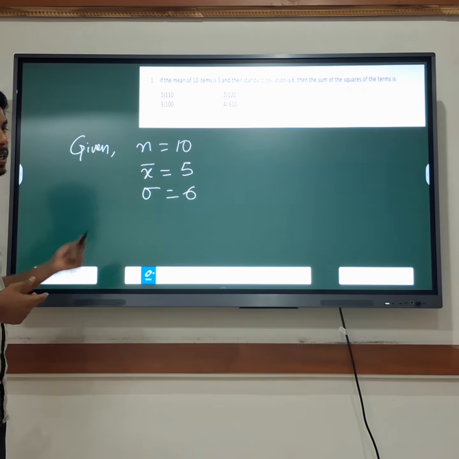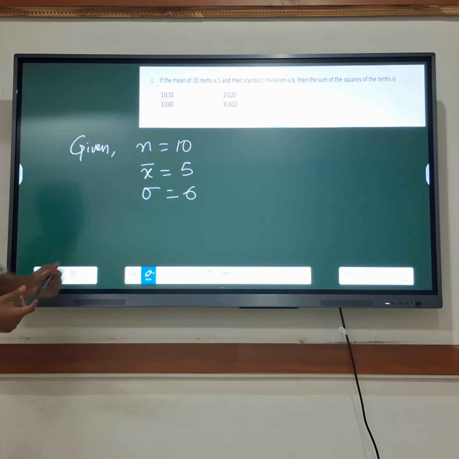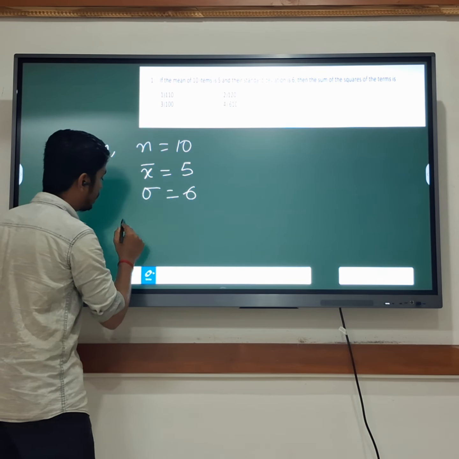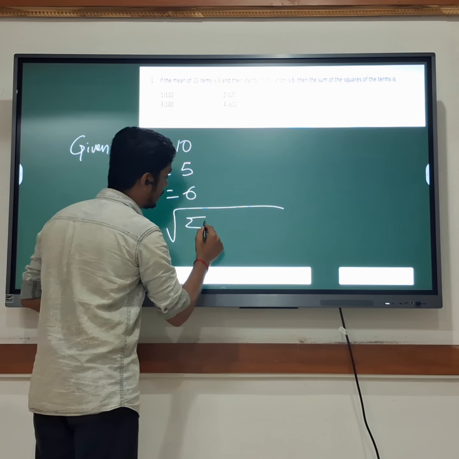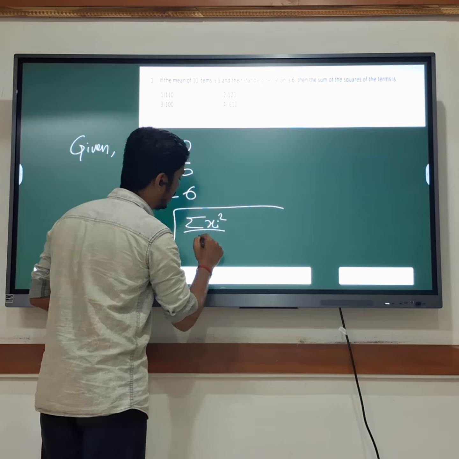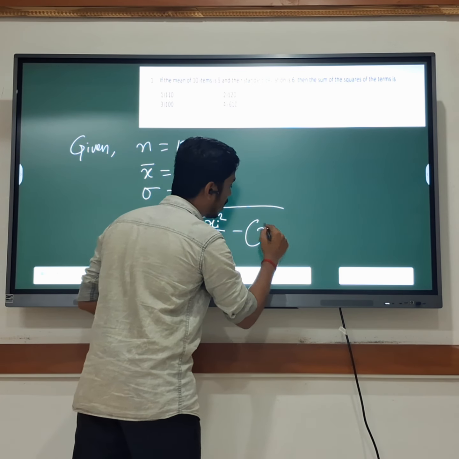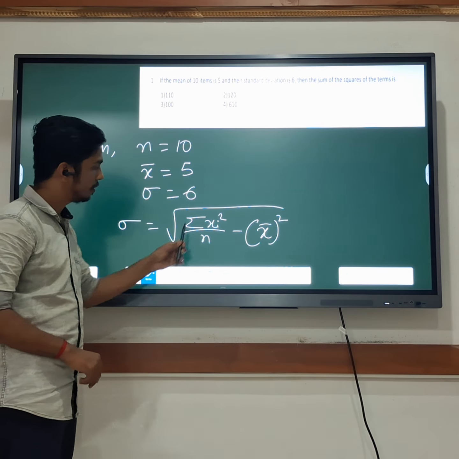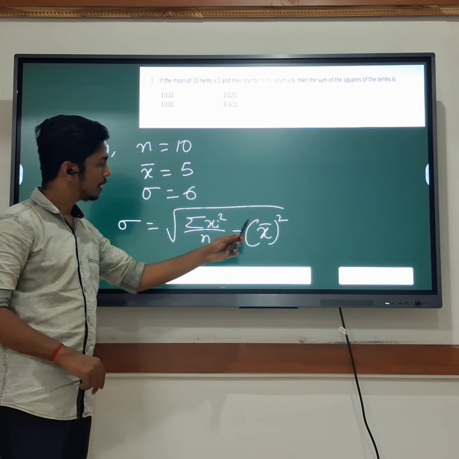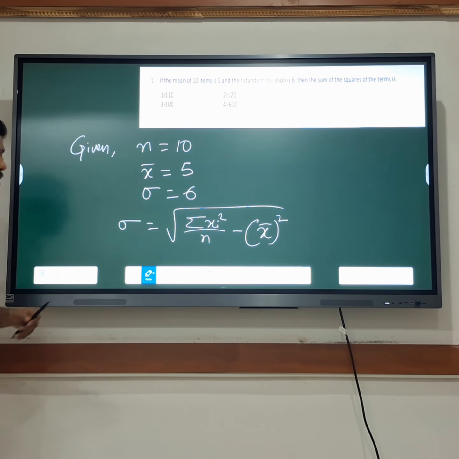We know the standard deviation formula, so we can apply it. Sigma is equal to the square root of summation xi square divided by n minus x bar whole square. Here we know n, x bar and sigma.